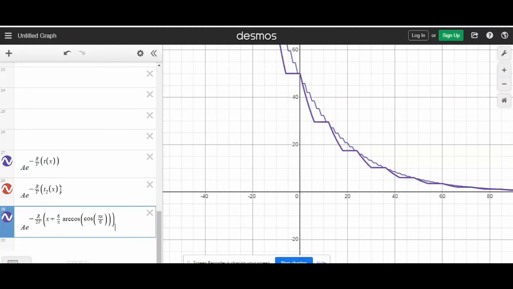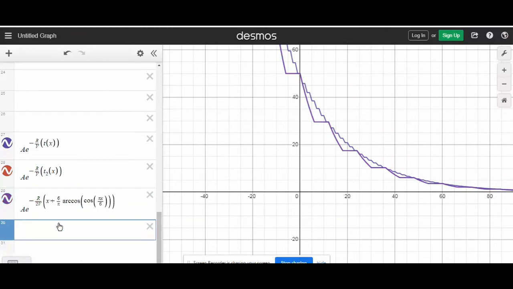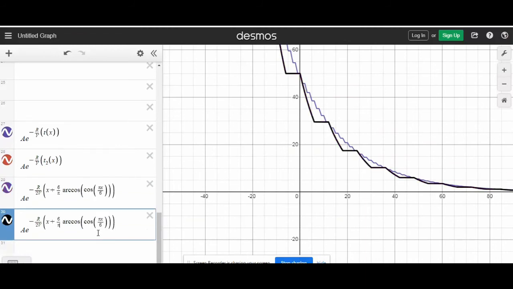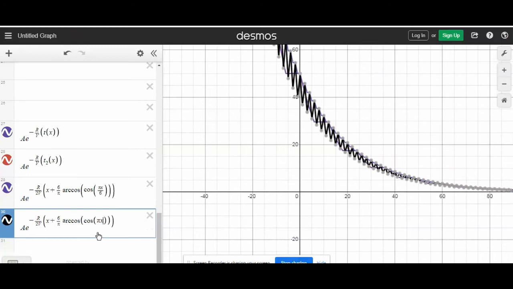I just use the functional notation here, but here is exactly what we have. And of course, for the 1-month situation, just copy and paste. And all we do is change this 6 here to a 1 and change this 6 here to a 1 as well. And that gives us our equation.